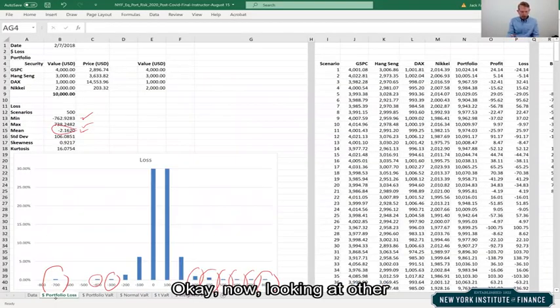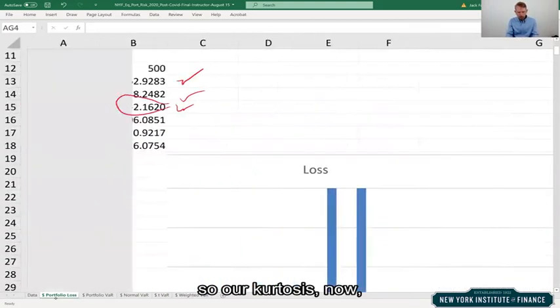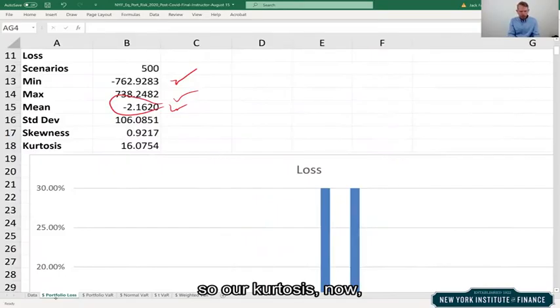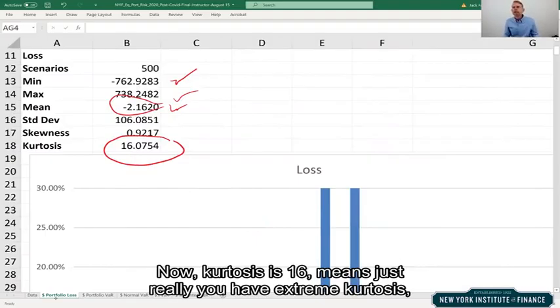Okay, now looking at other statistical measures. So our kurtosis, now that's a really big number there. A kurtosis of 16 means you have extreme kurtosis.